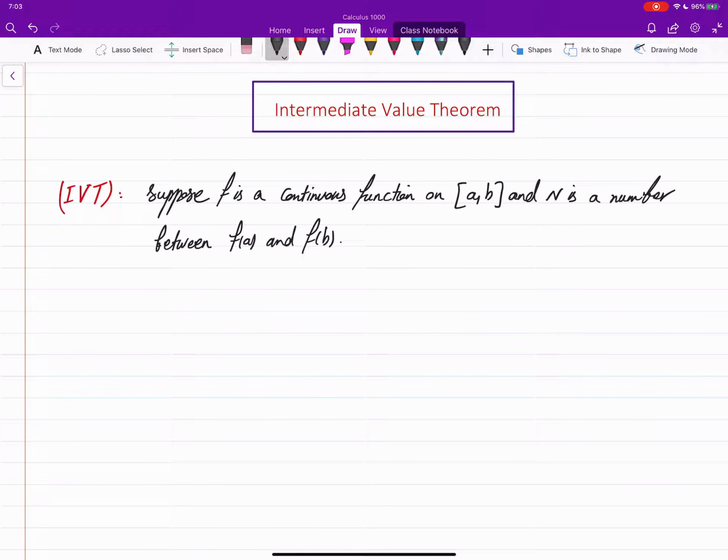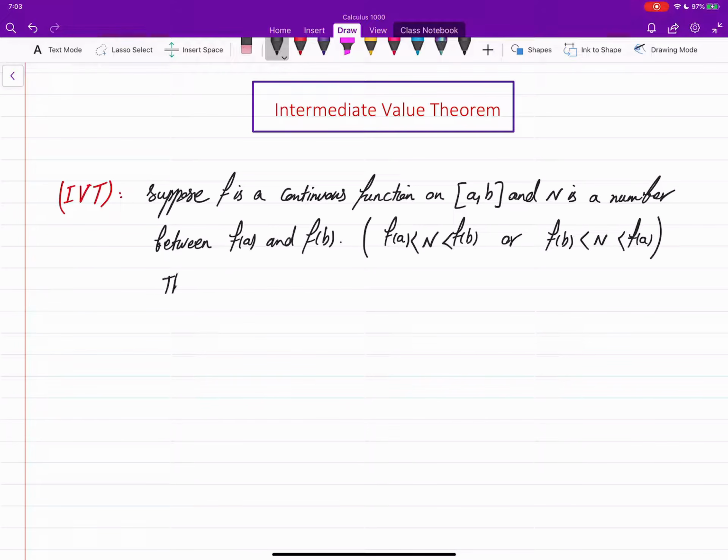It means that if f of a is less than f of b, then n is here, or the other way around, f of b is less than f of a, then n is between these two.